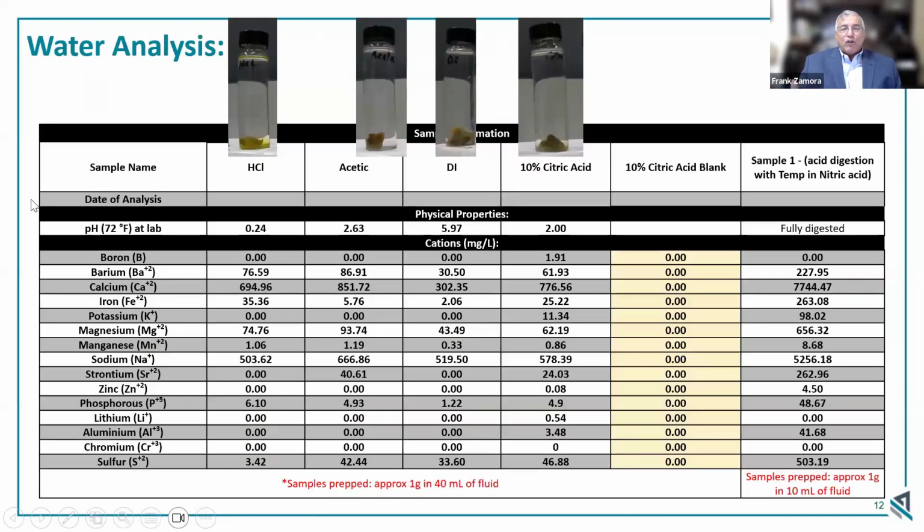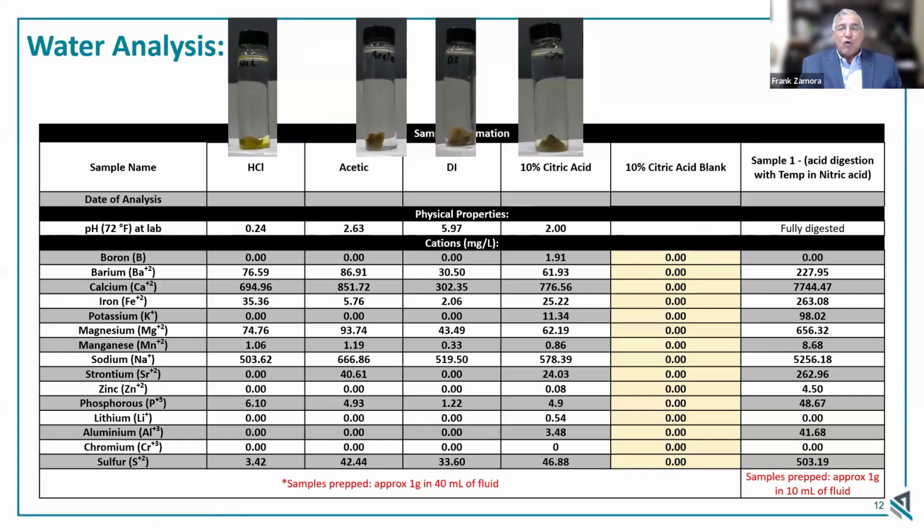So now let's look at the fluid breakdown of this thing. This is important data. Now we're able to come back into this 40 mils of water and do a water analysis and determine, hey, what elements actually came apart here? So for starters, let me start off over here with the 10% citric acid because that did so well. The 10% citric acid was made with 10% by weight citric acid.